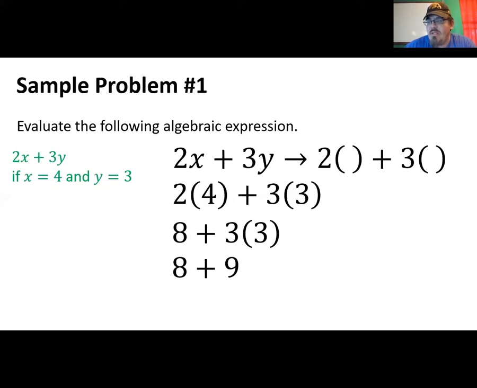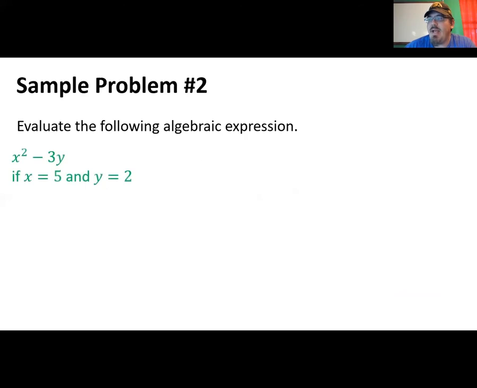We have one addition step, so 9 and 8 are added together to get 17. And there's our solution. When we evaluate the given expression, we come up with a solution of 17. That's your ultimate goal, is to plug in the numbers that they indicate and come up with a single numerical answer. All right, let's do another example of this type of problem.